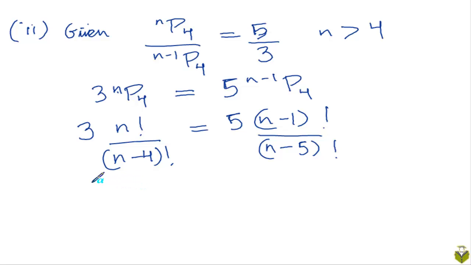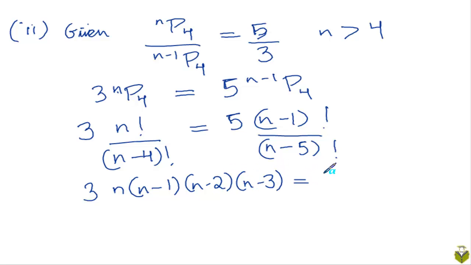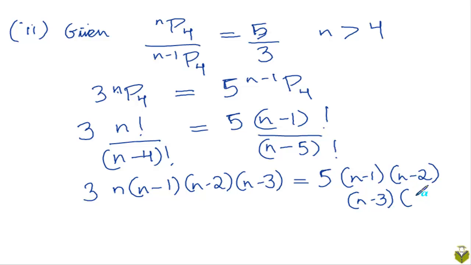Again, just cancel what is common, and you will be left with 3n into (n minus 1) into (n minus 2) into (n minus 3) here, and here you will be left with (n minus 1), (n minus 2), (n minus 3) and (n minus 4). Sorry, I can't fit it in one line, that's why I put it in the next line, but this is the product.